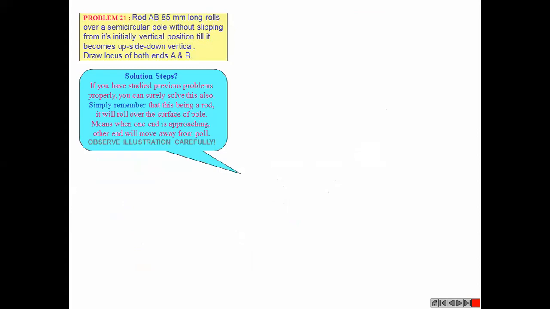A rod AB having length 85 mm rolls over a semicircular pole. This is a semicircular pole, and this is the rod AB. So we need to track the points A and B as it rolls over this.